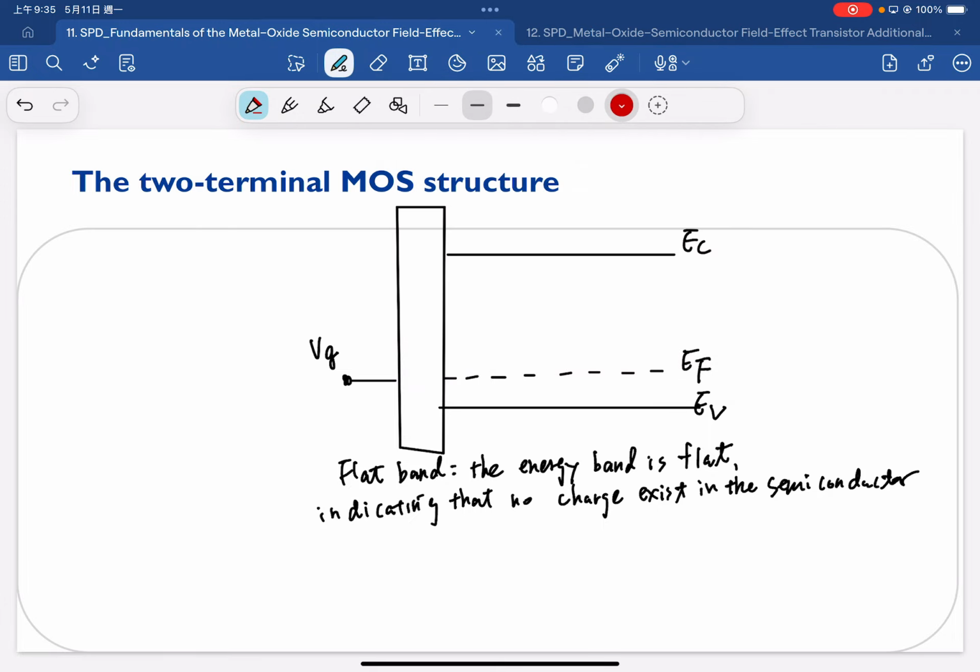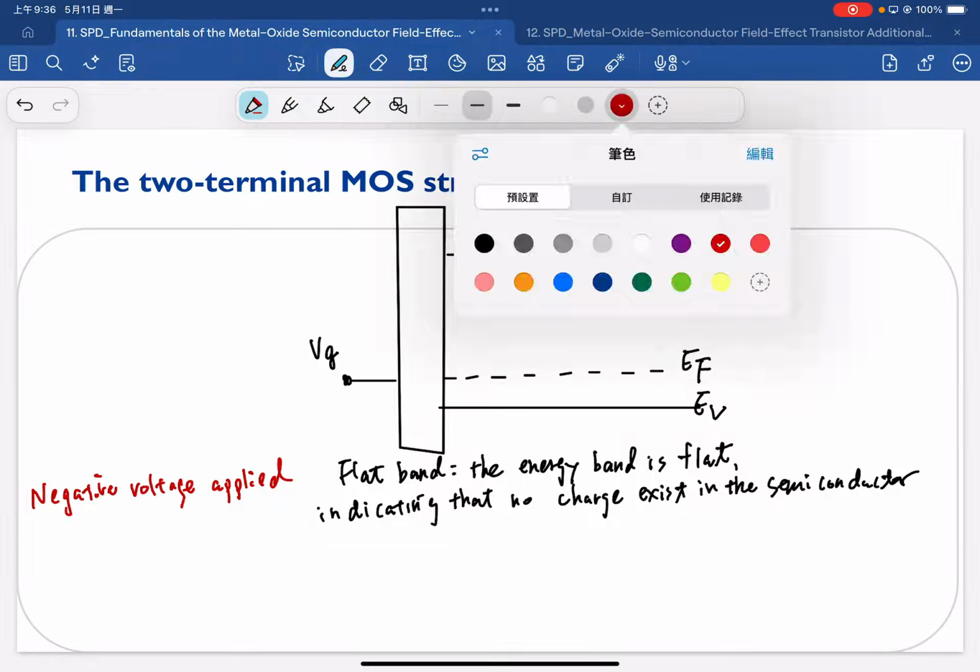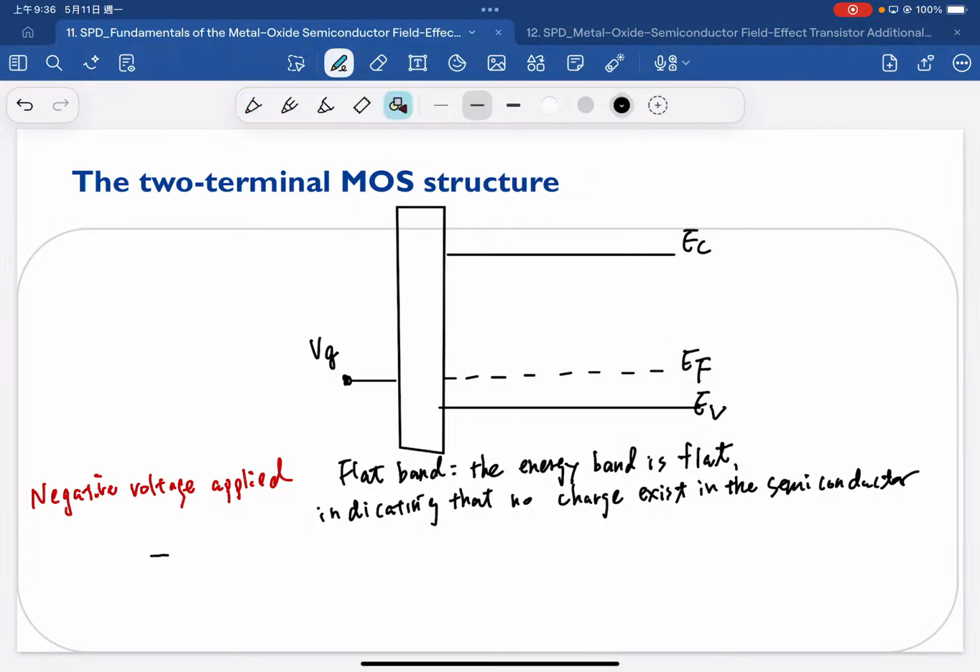So now we can consider two different cases. The first one is we apply a negative voltage. So this is a negative voltage applied, with the conduction band, valence band, and our Fermi energy here.